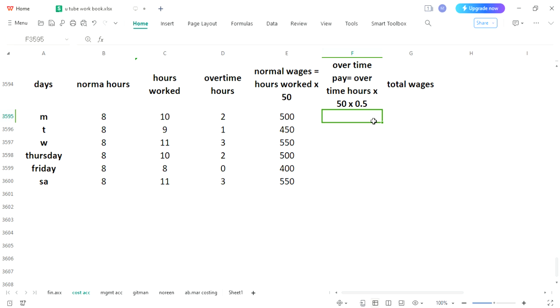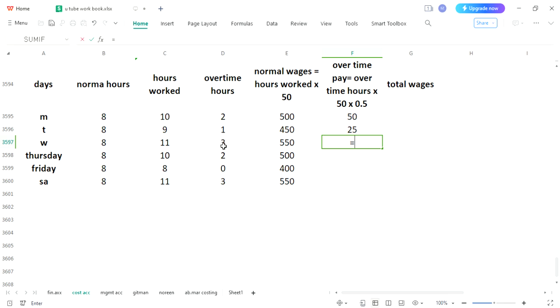Okay, come over here. Your overtime hours for Monday are 2, multiplied by per hour 50 as mentioned here, and then you need to make it half. For half you will write 0.5. This way you have calculated the first overtime. Then for second overtime you have 1 hour multiplied by 50 per hour, then multiplied by 0.5 to make it half.